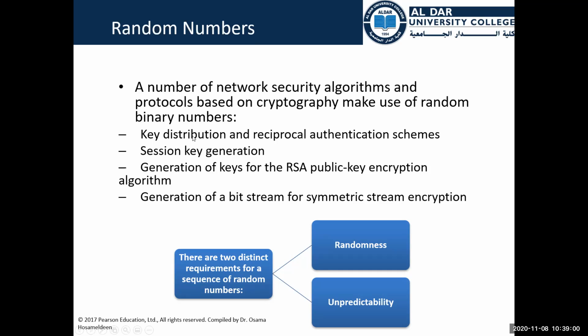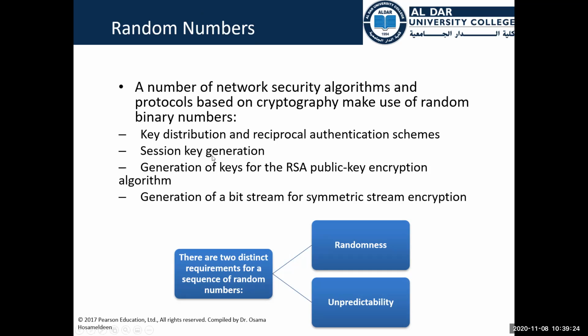And key distribution is used in authentication. Whenever you want to make authentication, you should create a key, and this key should be random, it cannot be expected. That's why random numbers are used in key distribution.